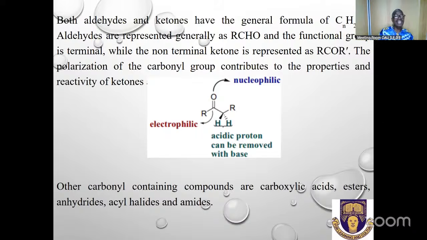Now, both aldehydes and ketones have the general formula CnH2nO. That's the general formula. So if n is 1, then your simplest aldehyde or carbonyl compound will be HCHO.